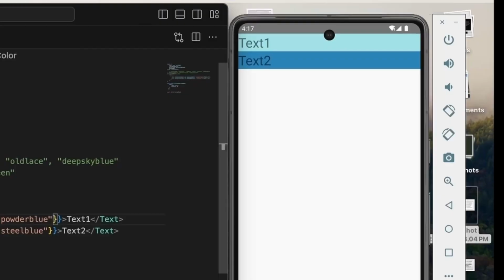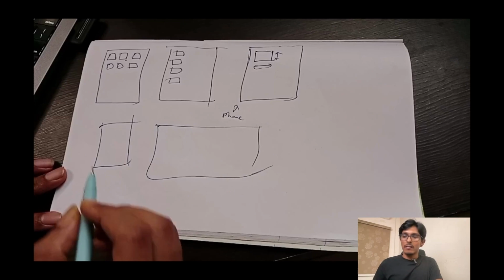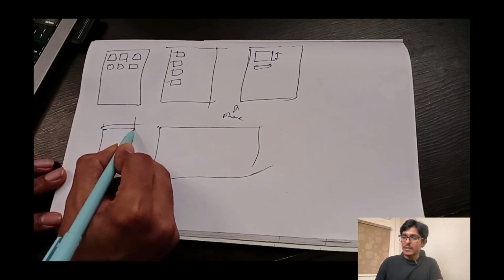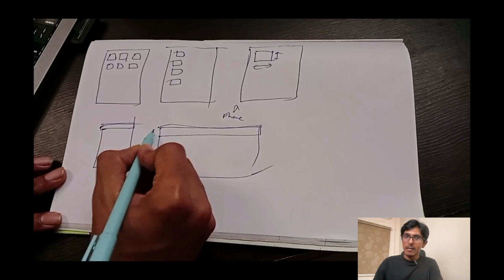But when we don't explicitly give the width and height, look at what the default behavior by React Native is. So if you have a bigger phone like say iPad, then width will be the phone size here and width will be the iPad size here. And if you look at the height, well, the height is determined by font size.